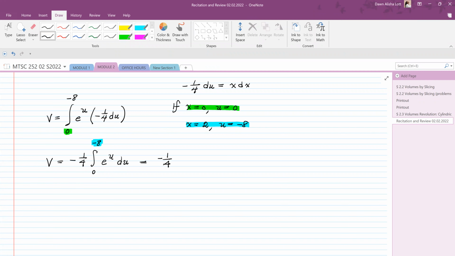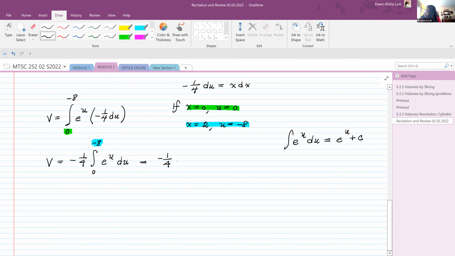I'm confused. What's that integral? The integral of e to the u, it's just going to be e to the u.